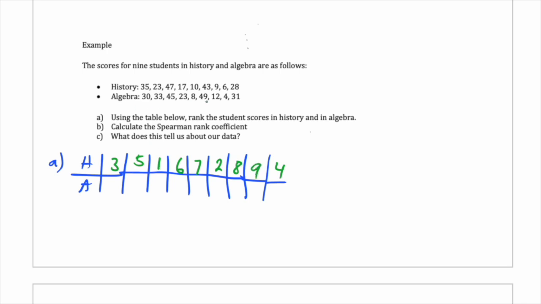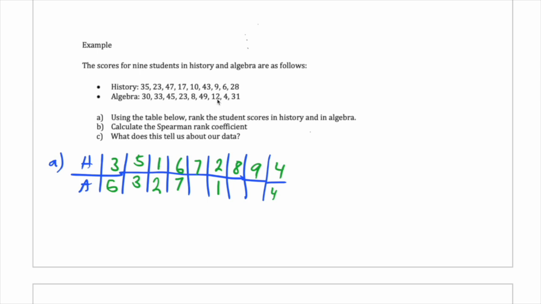For algebra, the top one is 49. The next one is 45. Then in the 30s, this one here is 3, 4, 5, and then we're down into the 20s. We have 23, so that corresponds to 7th place. Did I miss one?